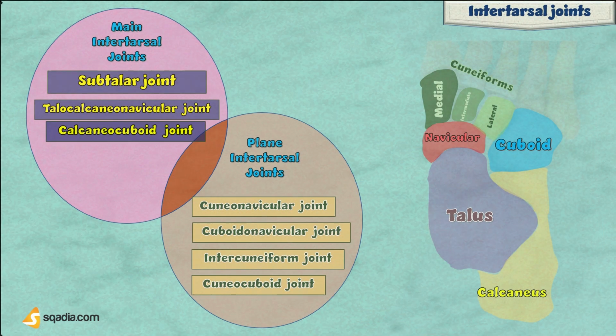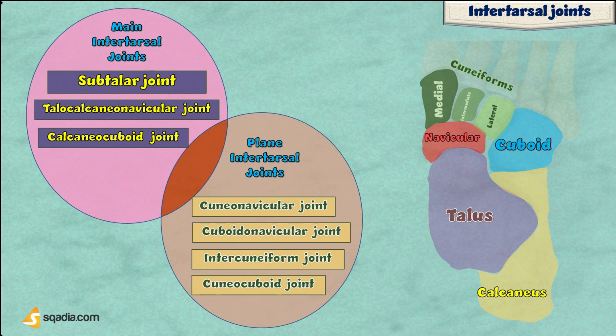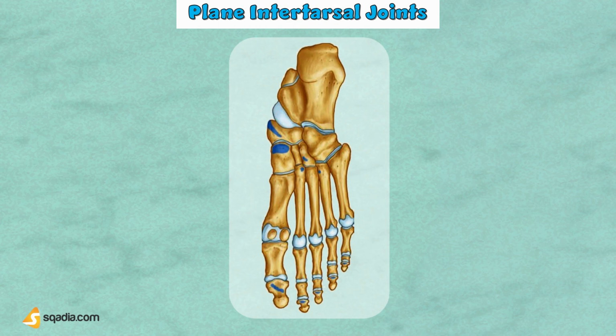Moving on to the plain or smaller intertarsal joints. As mentioned, they are 4 in number. If you look at this illustration, you can see that the tarsal bones are densely packed together. The plain intertarsal joints are simple articulations between these bones.